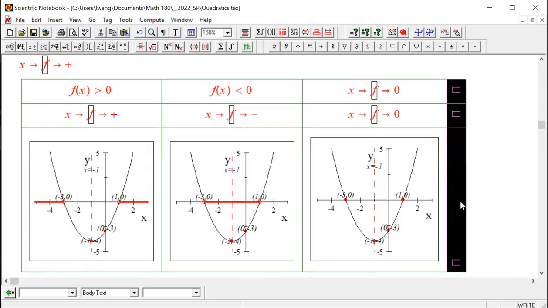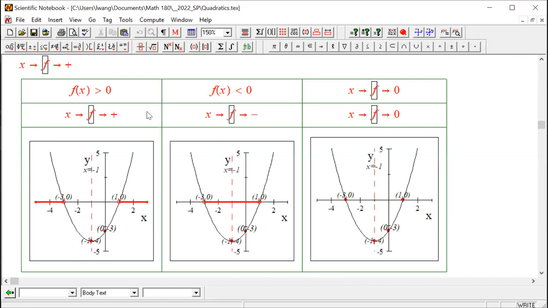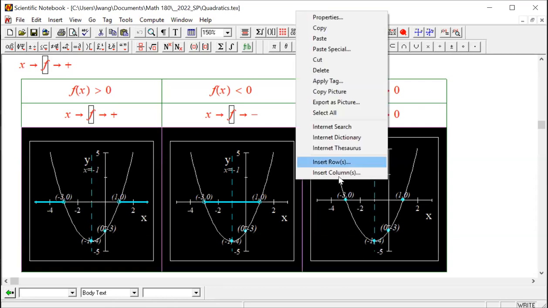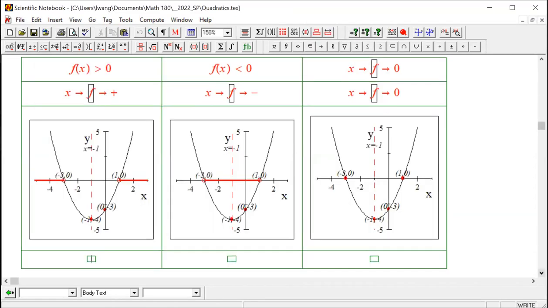Sometimes you get greater than or equal to 0, less than or equal to 0. That's it. And the form of the solution, if you look at the solutions: when it opens up, the solution is x less than -3 or x greater than 1.